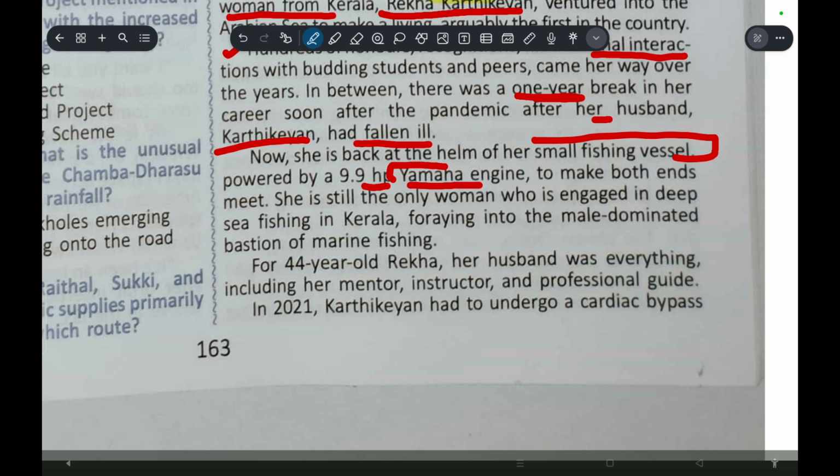To make both ends meet, she is still the only woman who is engaged in deep sea fishing in Kerala, foraying into the male dominated bastion of marine fishing. For 44 years old Rekha, her husband was everything. Her age is 44.